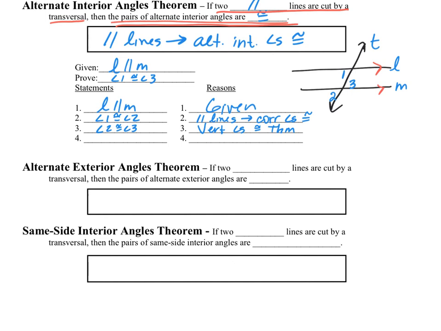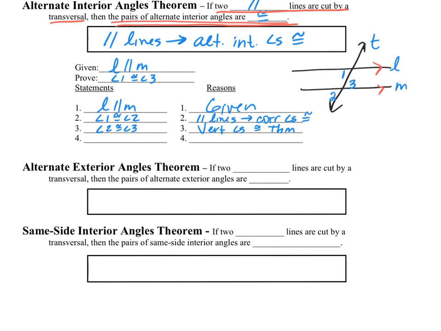Okay, so now I want you to look at where we are. We have angle 1 congruent to angle 2, and angle 2 congruent to angle 3. So I have a first angle congruent to a second angle, and that second angle is congruent to the third angle. Because of that, because we have a property of congruence, I'm sorry, not a postulate, that says when we have a first angle congruent to a second and a second congruent to a third, we can conclude that the first is congruent to the third.